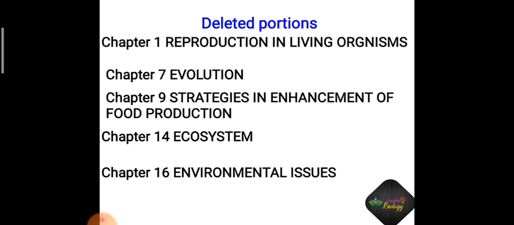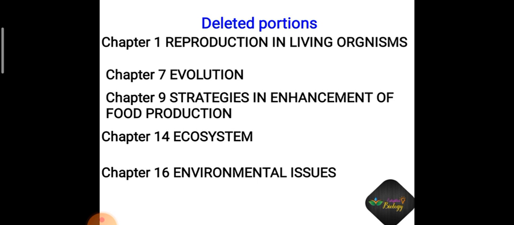The deleted portions, we have listed all of them together. Chapter 1, Reproduction in Living Organisms. Chapter 7, Evolution. Chapter 9, Strategies for Enhancement in Food Production. Chapter 14, Ecosystem. And Chapter 16, Environmental Issues. These 5 whole chapters have been deleted.